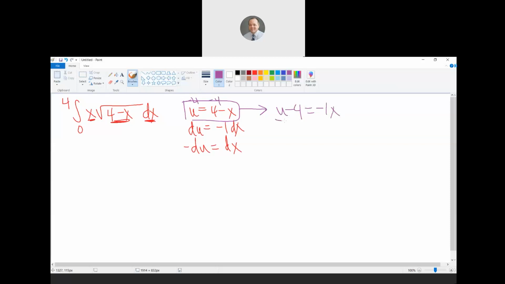If we divide everything by negative 1, we get negative u plus 4 equal to x. Or if we turn this around, we get 4 minus u equal to x.